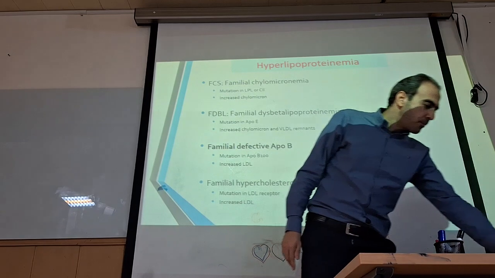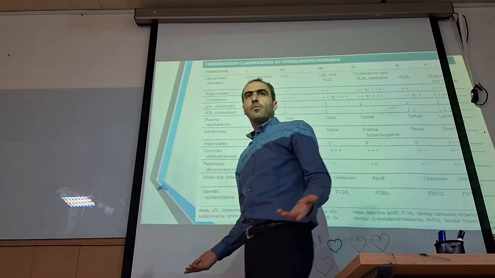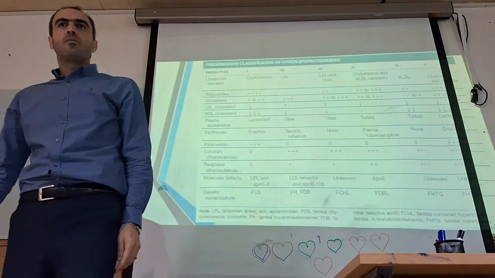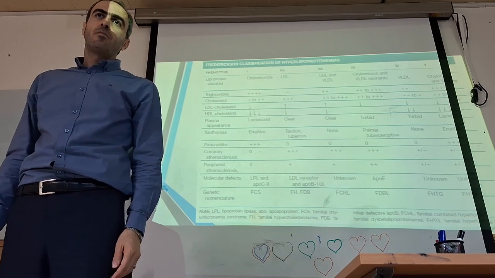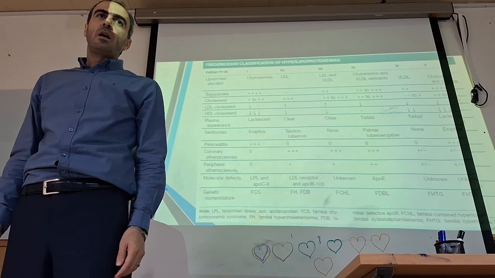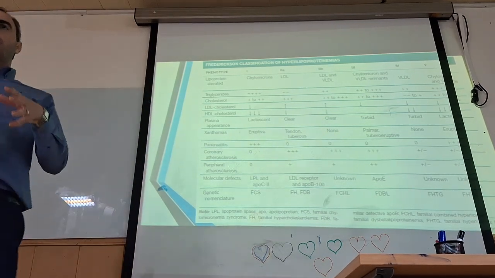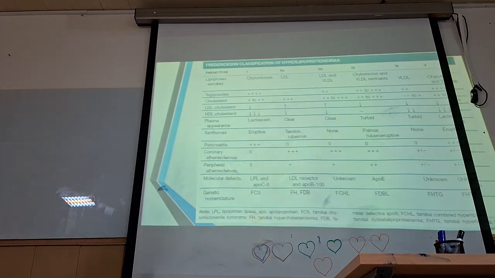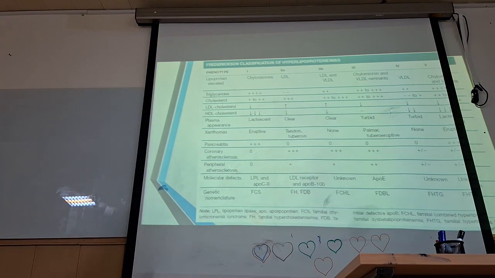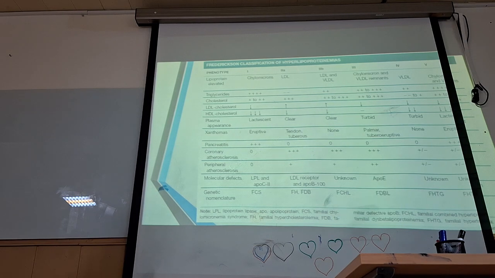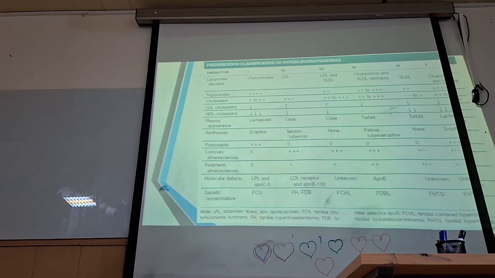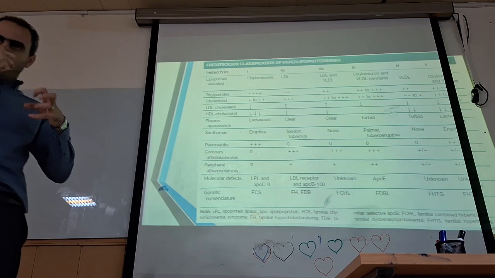So if we have LDL receptor malfunction or mutation, does that mean there's a problem in the cells of the liver and all the cells? Just the receptors. For LDL, it's just taken up via ApoB100. If we have a deficiency or defect in ApoB100, they cannot take it up.